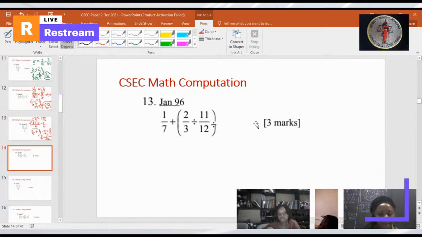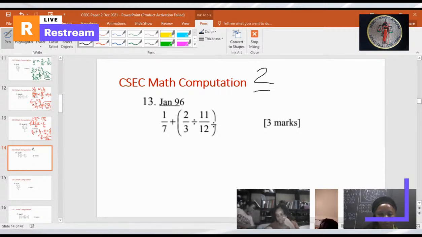Amari, you ready again? Okay, Miss. Number 4. Which part are we going to work first? The bracket. So we have to work this here in the bracket first.